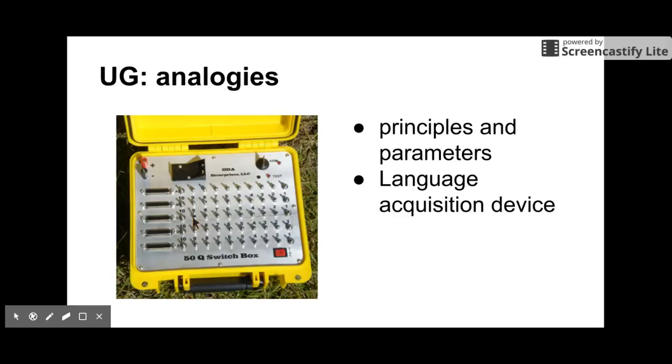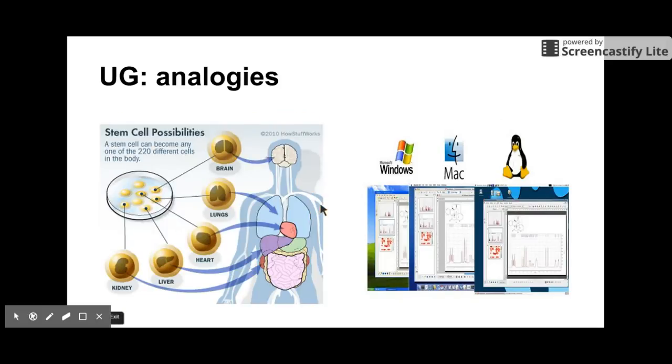So all the languages share the same property, which is this box, and there is a limited number of possible languages. The other analogy that I can think of is stem cells.